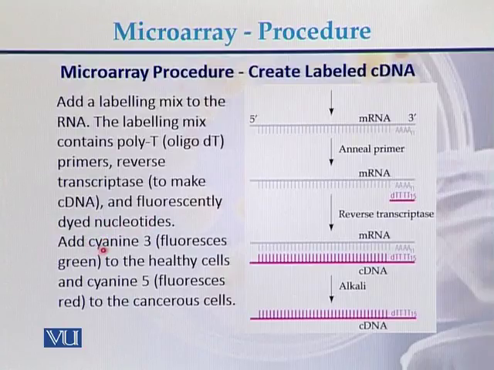In addition, Cy3, which produces green fluorescence, is added to the healthy cells, while Cy5, which produces red, is added to the cancerous cells. So we have converted the RNA into cDNA. In addition, we have added different dyes to differentiate between the cDNA of the healthy cells and the cDNA of the cancerous cells.